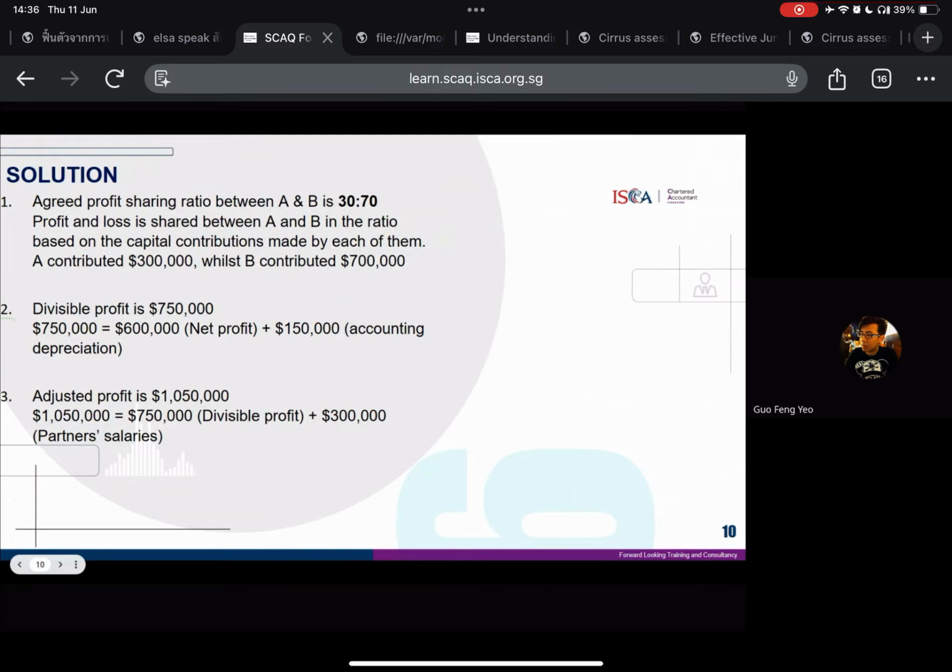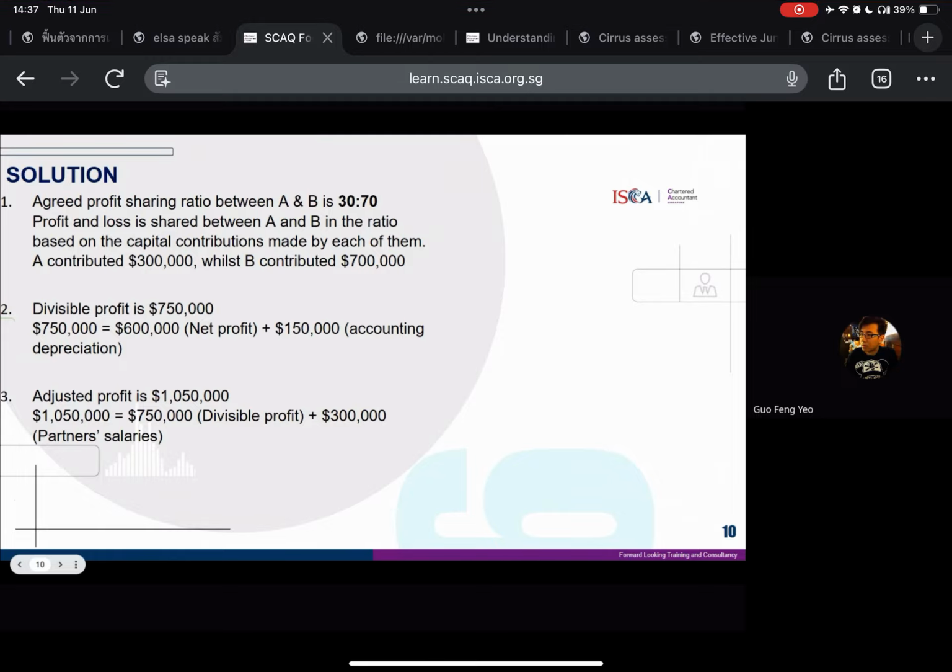For the suggested solution, the first order of business is to establish the agreed profit sharing ratio between the two partners. Based on the question, the agreed profit sharing ratio is based on the respective capital contributions made by each of them. A contributed 300,000, while B contributed 700,000. Therefore, in this case, the ratio should be 30 to 70.